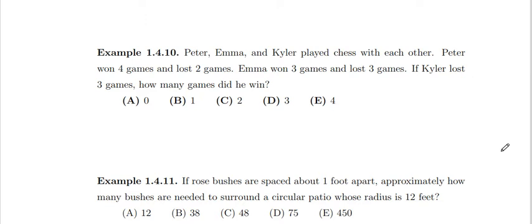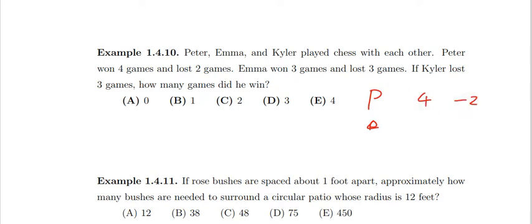Okay, so here there are 3 people playing chess. Peter won 4 games and lost 2, so for Peter we put win 4 and negative 2.